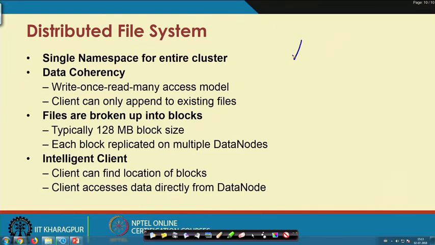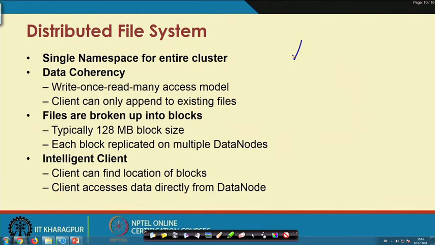You can also do a seeking read, which is slightly slower, and you cannot modify an existing file, you can only append to existing files. We will see why this is the case with the architecture.